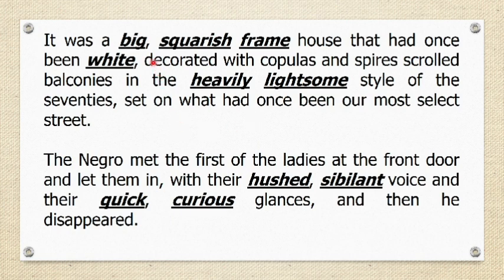The words big, squarish, frame modify the noun house, therefore these are adjectives. And let us not forget that the word white is also an adjective because it also modifies the noun house.